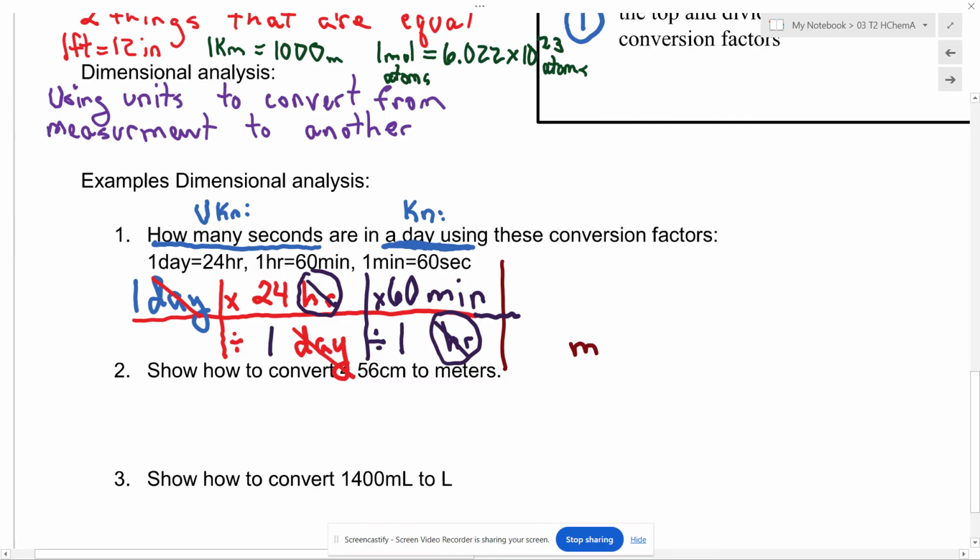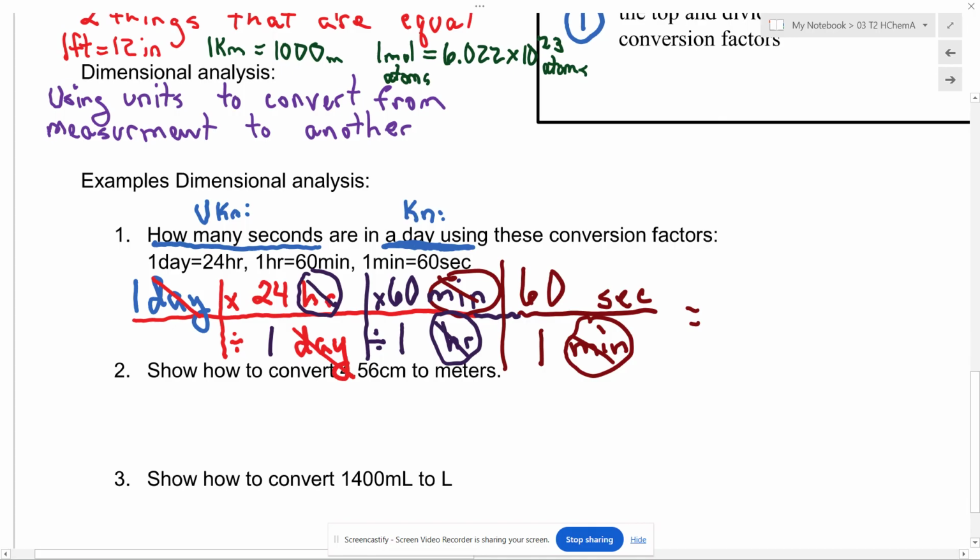So I'm going to put minutes down here because we want this unit and this unit to cancel out. And I do happen to know how many seconds are in 1 minute, right? So 1 minute is 60 seconds.